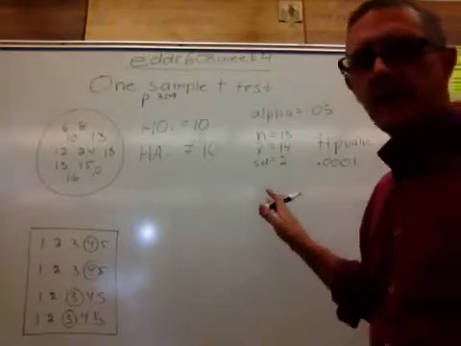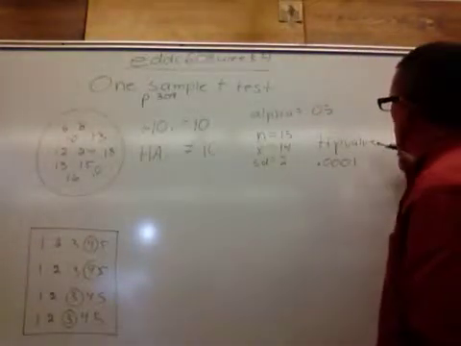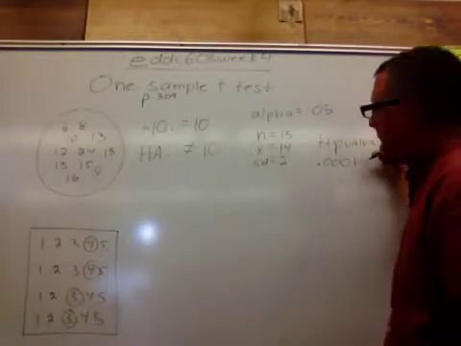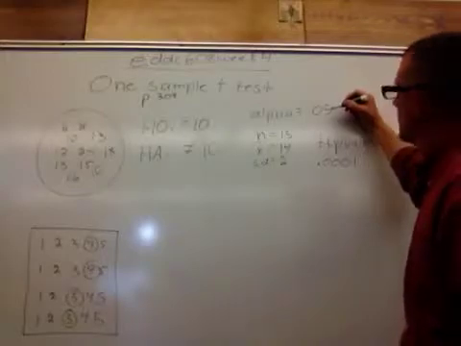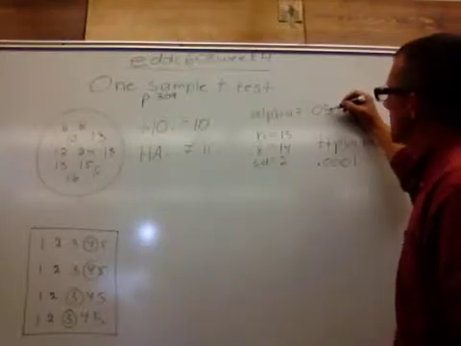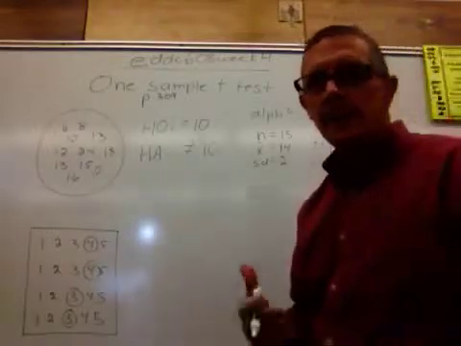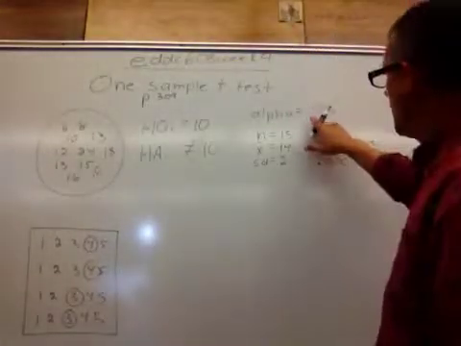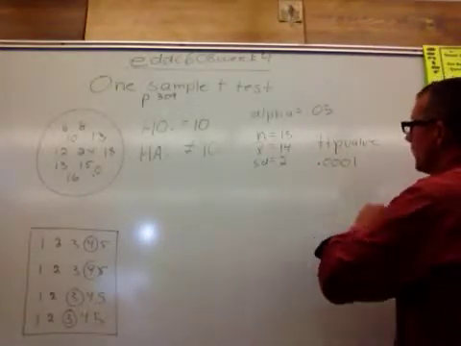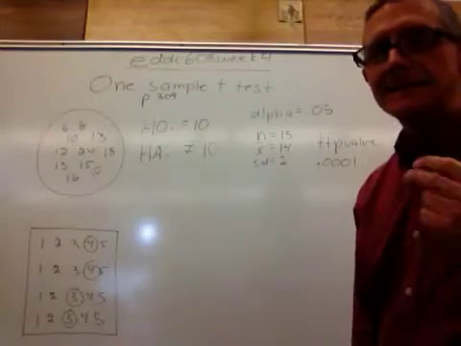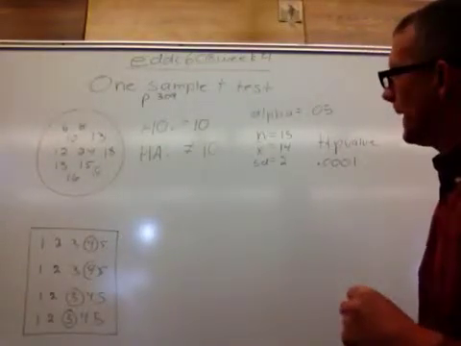Now, what does that mean? Well, as you've learned in hypothesis testing, if the p-value is less than the specified alpha, and alphas are your minimum probability of committing a type 1 error. They can be set at various levels, but primarily in research, our alpha is set at 0.05. So we came up with a p-value of 0.0001, which is obviously less than 0.05. Now, what can we conclude from that?